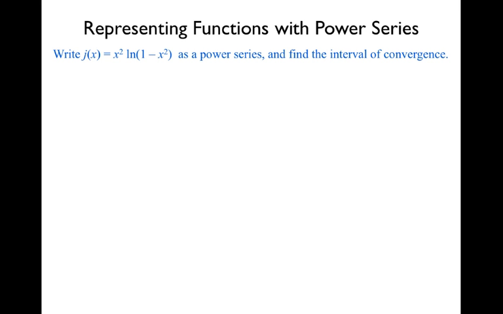Okay, so like the last one, we can kind of put the x squared on hold, right? So we know that we can just multiply by x squared when we need to. So we really want to focus on natural log of 1 minus x squared and try to figure out what the heck does that have to do with a over 1 minus r?